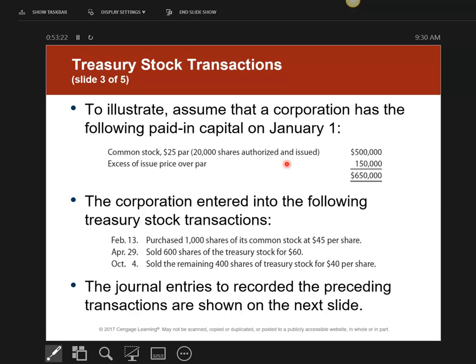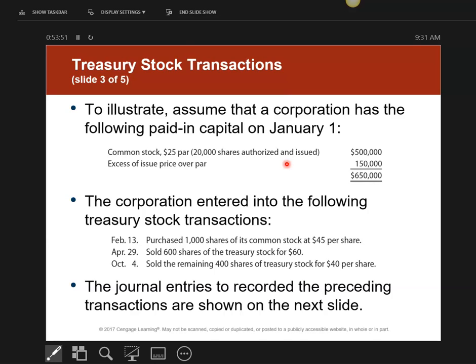So here's what you need to remember. Write this down, please. In the treasury stock, the normal balance should really be debit because it's opposite of the equity account. The normal balance is debit when I buy the stock, and if I turn around and sell it, I'm going to credit the treasury stock. So normal balance is debit for treasury stock. When I sell the stock, I credit it.